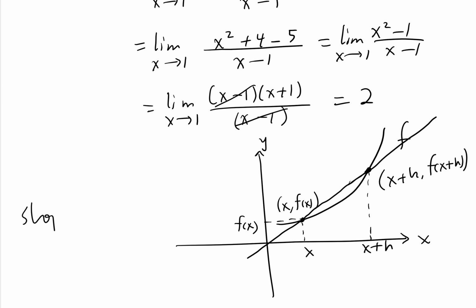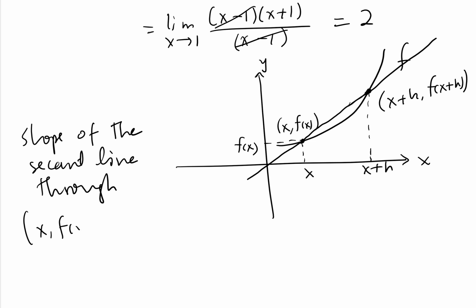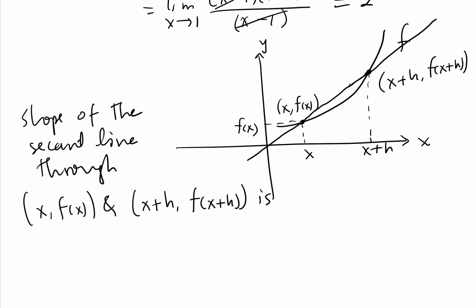So the slope of the secant line through the points x, f of x and x plus h, f of x plus h is given by f of x plus h minus f of x over x plus h minus x.